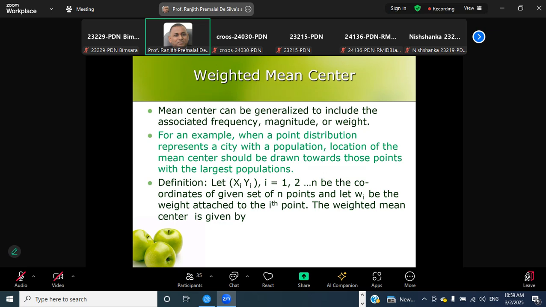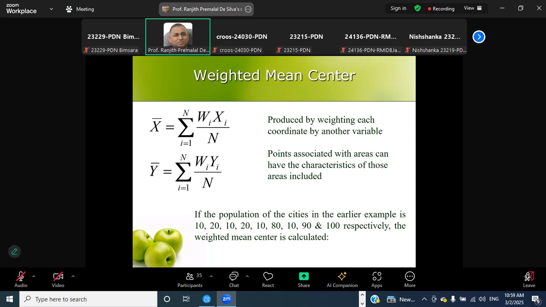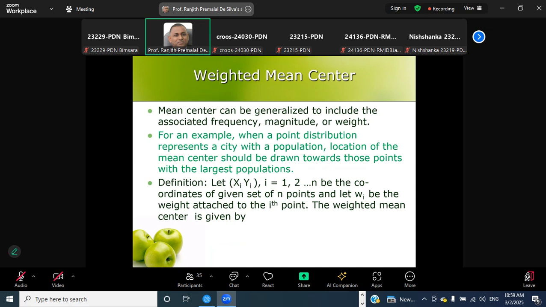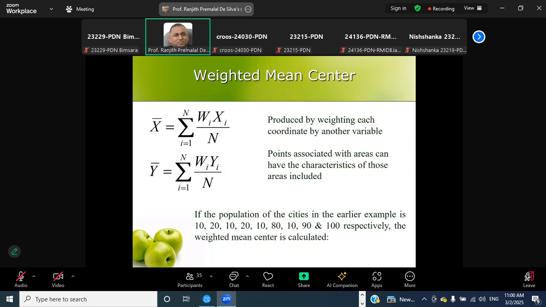The weighted mean center is given by this equation. So this is the weighted mean center calculation.